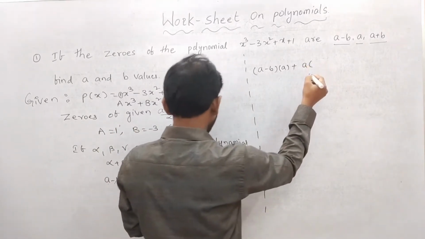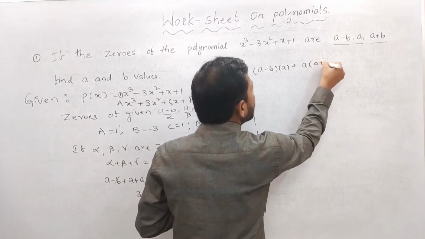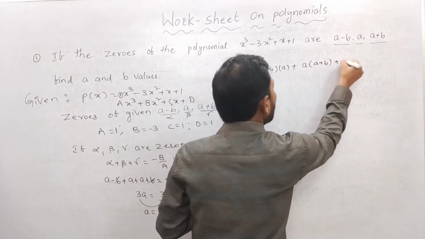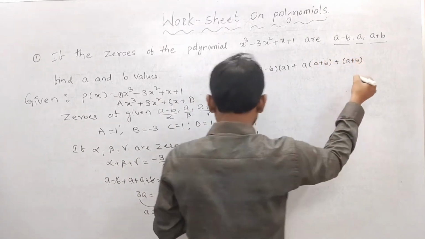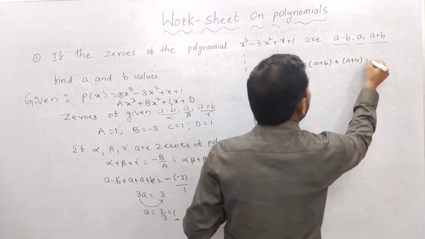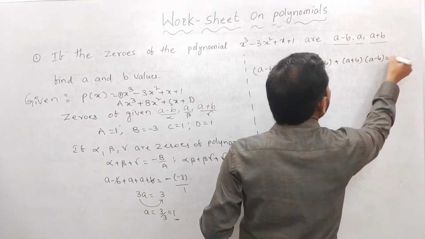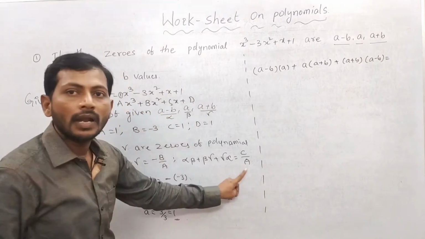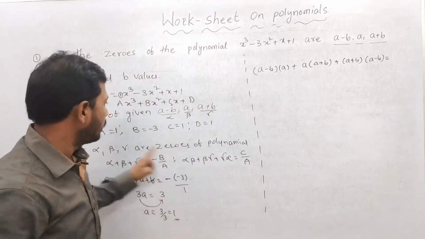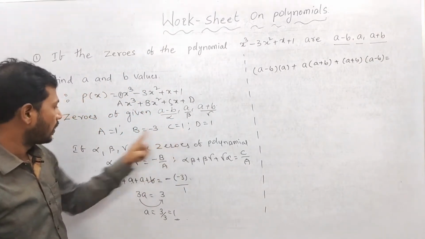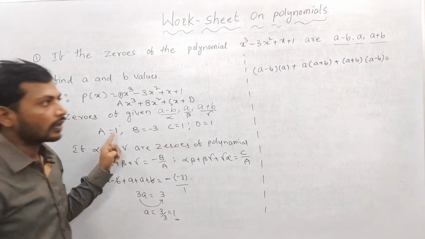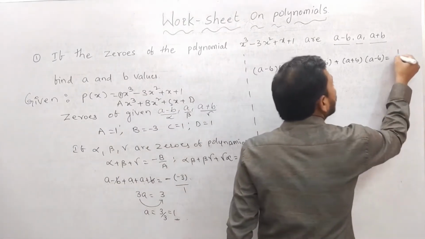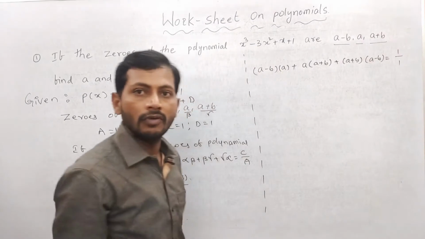Very good. a into gamma is a plus b, sir. And the next one is gamma, a plus b, into alpha, which is a minus b, equals what is the formula? c by a. What is the c value, children? c is 1. Another one is what? a is also 1. Then I am going to write here 1 by 1. 1 by 1 means 1 only.